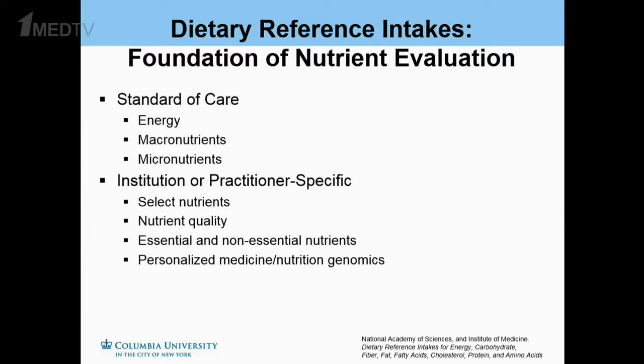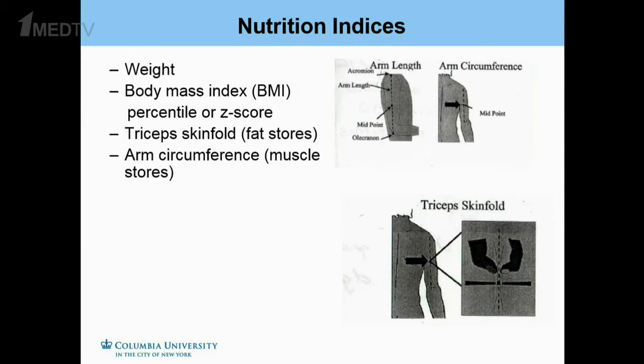But what's important is that, depending on your region, you look at nutrient quality. For instance, in parts of the globe where vitamin A is deficient, make sure you're screening for that, both for non-essential and essential nutrients. And then you heard a lot already about personalized medicine and nutrition genomics.